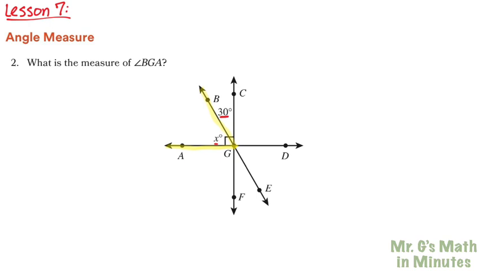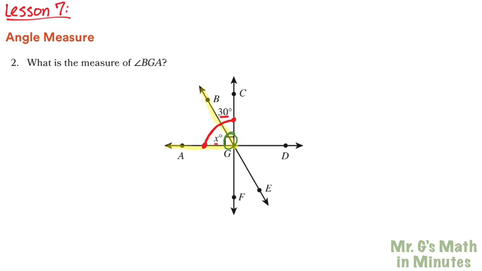If I take angle BGA and add it to angle CGB, you can see that both ends of that arc I just made stop on angle CGA. And angle CGA is obviously equal to 90 degrees.